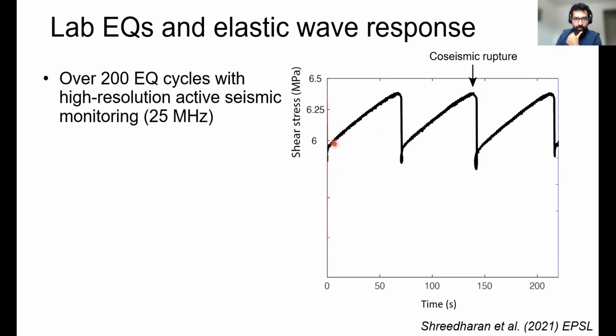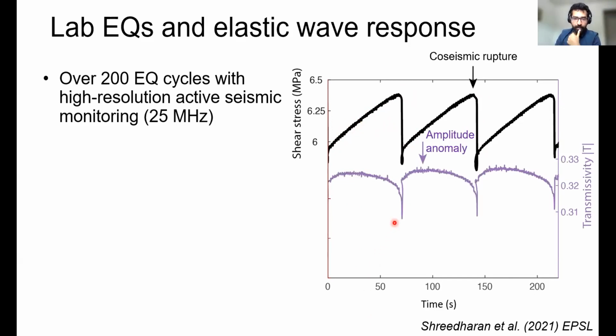The stress increase is the interseismic strain accumulation, and the stress drop is the actual rupture, or the lab earthquake. In our experiments, remember, because the fault is tiny, the entire fault ruptures each time. So it's like a rigid block, spring block slider type situation. And you can actually hear this, and it typically sounds like a clap or something like that.